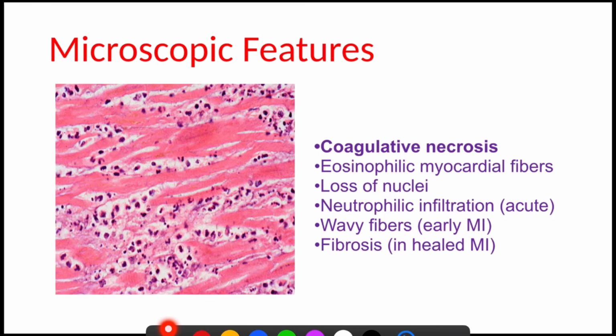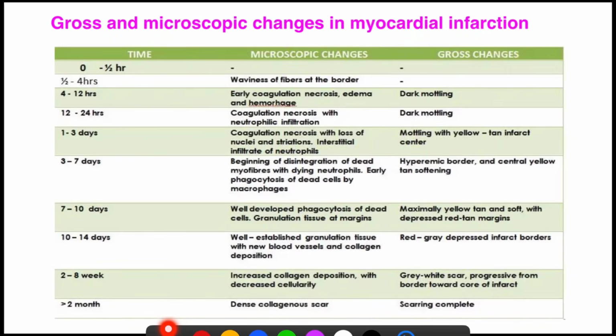And in previous slides we have seen fibrotic area or pink homogeneous area where it is called healed MI or myocardial infarction with healed change. So these are some of the microscopic and gross changes according to the time of ischemia started.